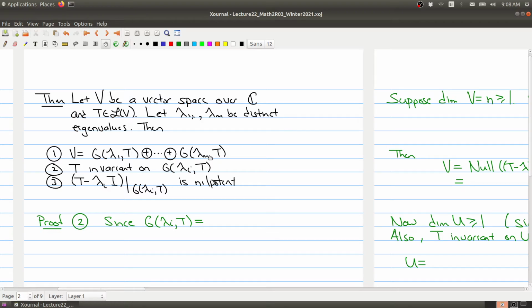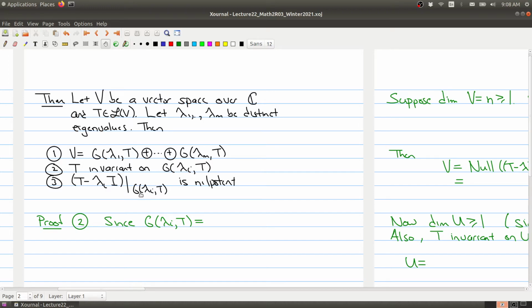These are the generalized eigenspaces. Moreover, T is invariant on each of these eigenspaces. And one thing that we'll need later on is that if you look at the operator T minus lambda I times the identity operator, and restrict it to each of these eigenspaces, each of those is nilpotent on the corresponding space.